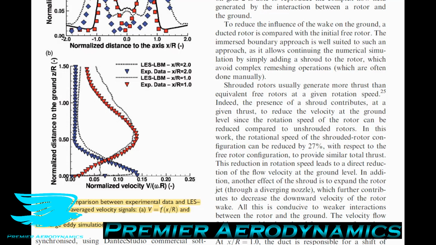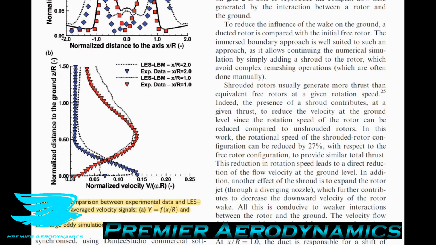The LBM underpredicts the peak velocity by less than 5%, and the location of the velocity peak is shifted slightly compared to the experimental data. At 2 rotor diameters underneath the rotor, the thickness of the shear layer is well predicted by the LBM approach, and the peak of velocity is also slightly underpredicted by 7%.